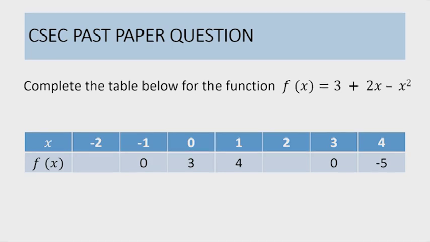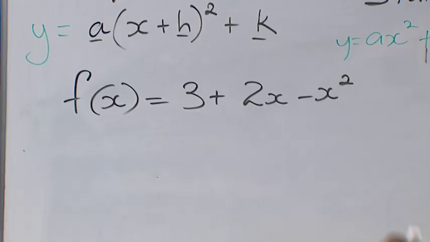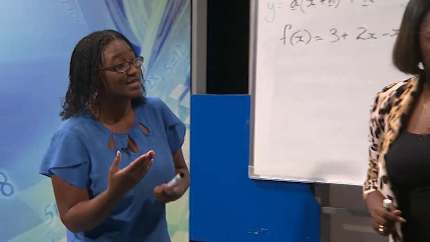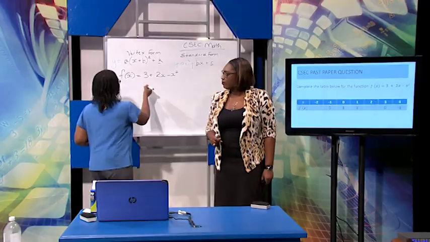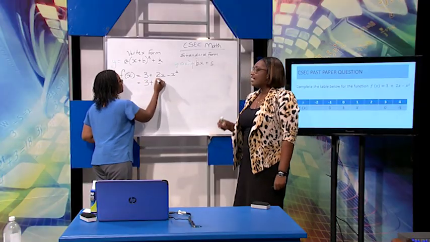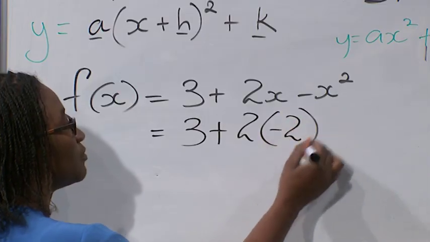When x is negative 2, we're asked to find f of x, the y coordinate. In order to do this, we need to substitute the negative 2 wherever we have x. So we're substituting negative 2 into our function.